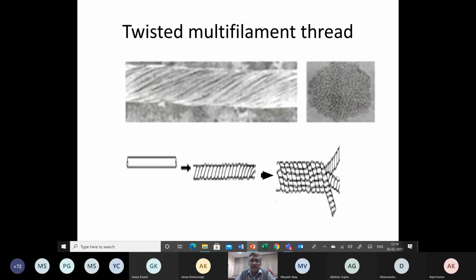Then 3 such multi-filament yarns, which are already twisted, are twisted in the opposite direction. So this is zero twisted multi-filament yarn. Then this is a twisted multi-filament yarn. Then you take 2 or 3 or 4 multi-filament yarns and twist in the opposite direction. Now this is called the twisted multi-filament thread. From zero twisted multi-filament yarn, you get the twisted multi-filament yarn, then you get the twisted multi-filament thread.